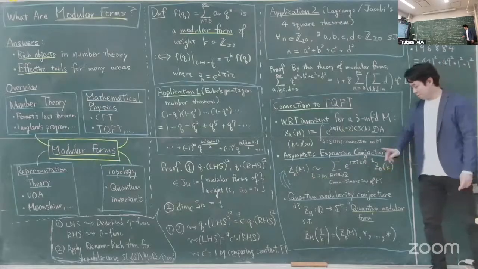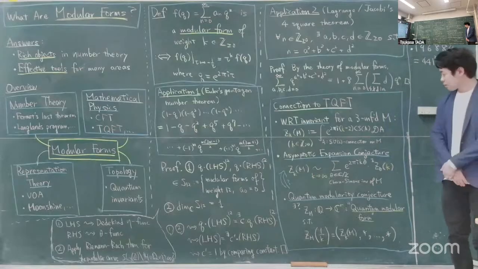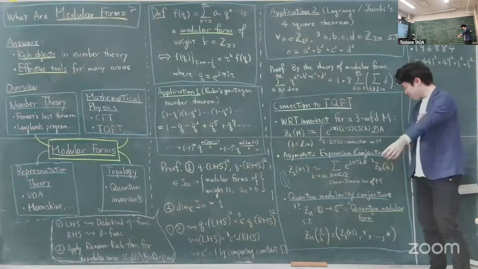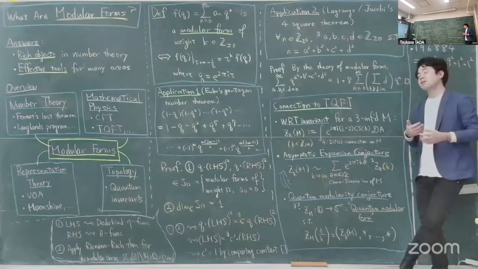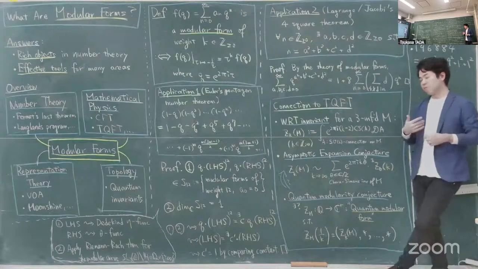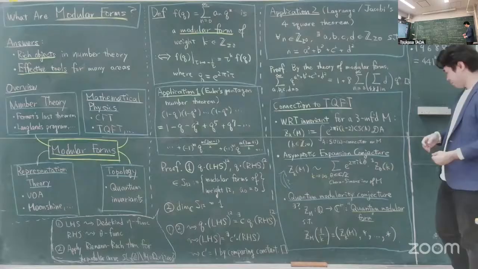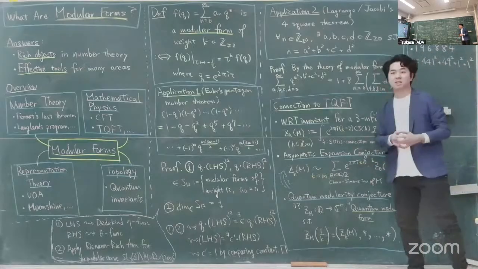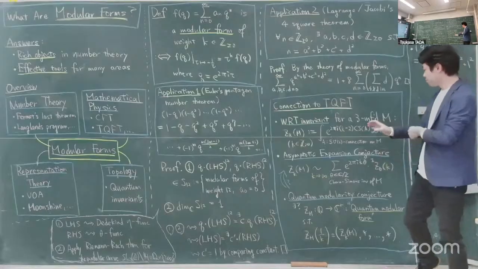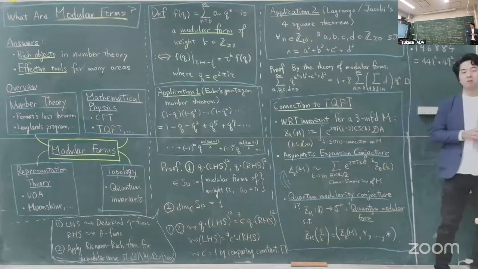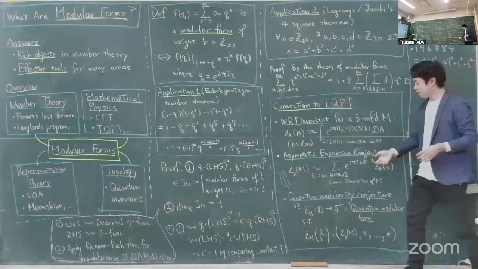Here, theta is a Chern-Simons invariant of M, a kind of topological invariant of M defined using the fundamental group. Okay, this conjecture is widely open. So how to prove this conjecture? In fact, modular forms give an answer to this.